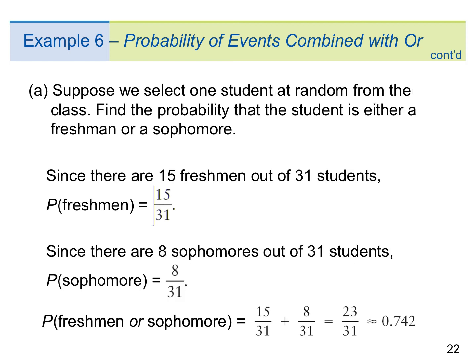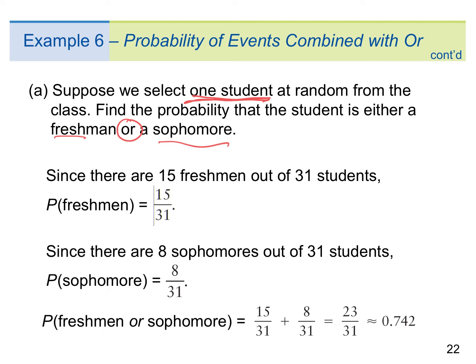This 5 was part of my 15, and it's part of my 8. So now, suppose we select one student. Remember I told you, or has one drawing at random from the class. I bet you $10 the question has the word or in it. What is the probability that a student is either a freshman or a sophomore? So before you start this problem, you have to ask yourself this question.